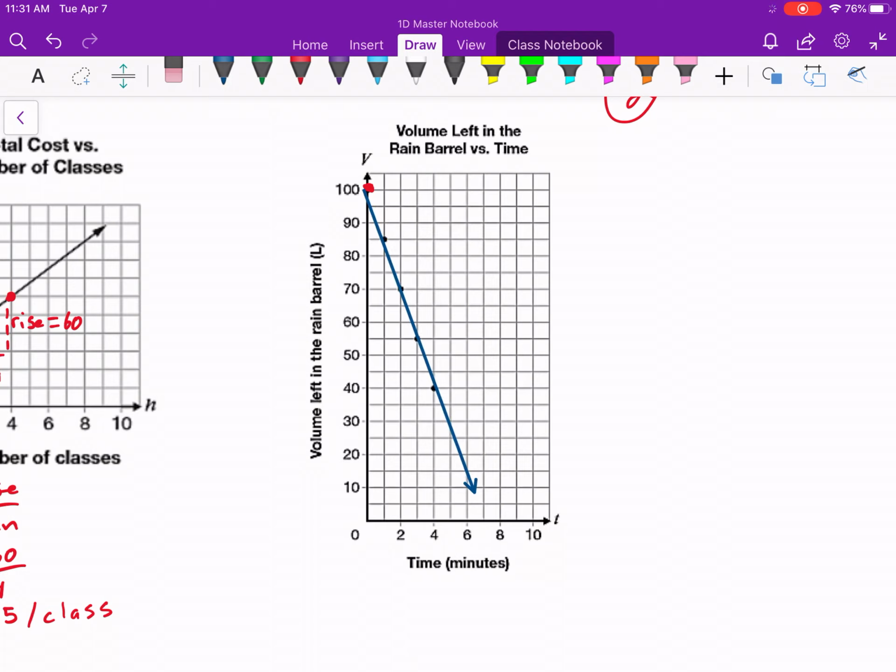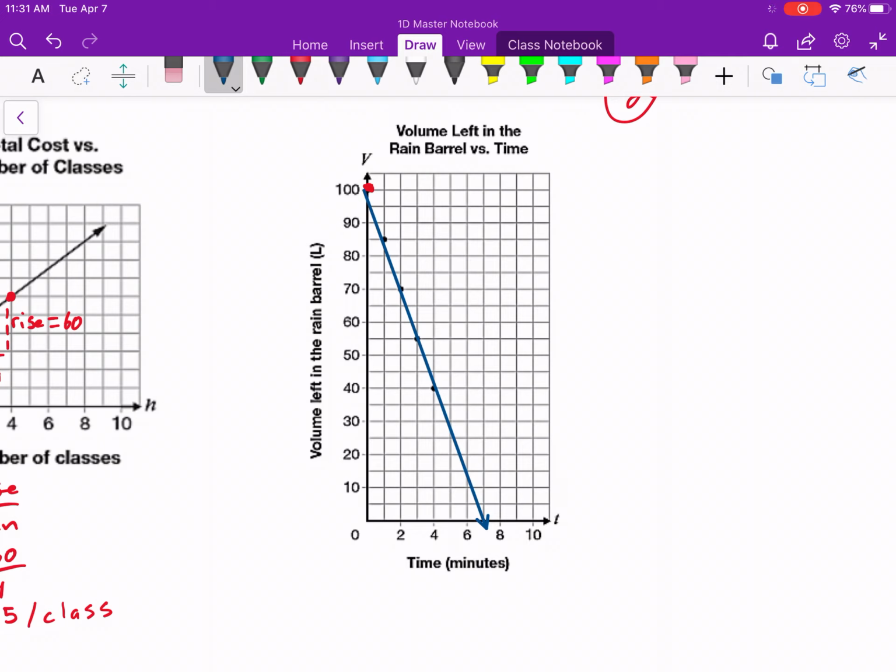That way I could even see, if I wanted to, I could predict about how long it would take for the barrel to completely empty. Now my line isn't perfect, it's off by a little bit, but at least it gives me an idea that it's going to be around 7 minutes for this rain barrel to empty.